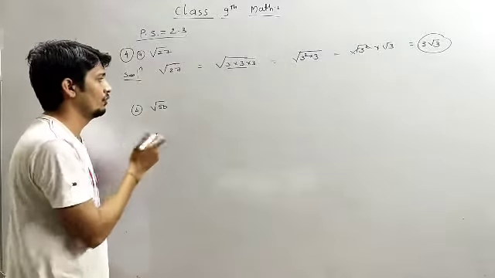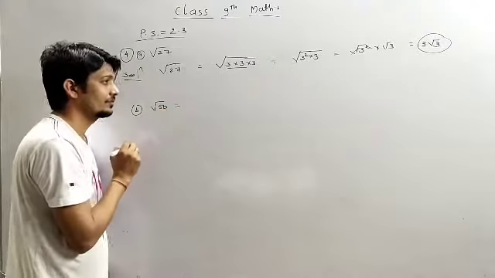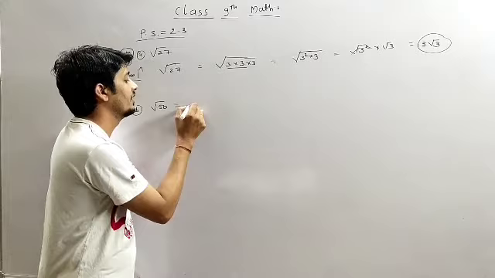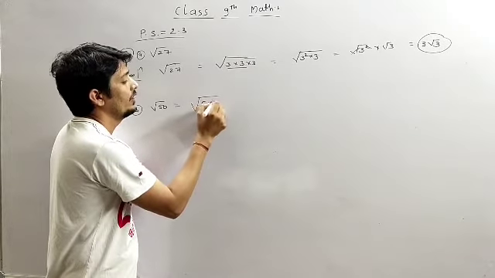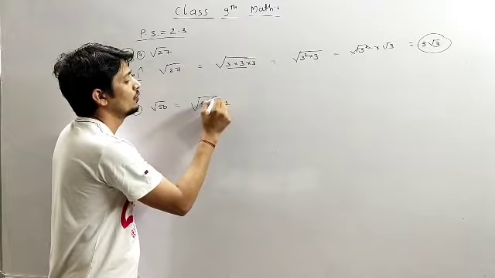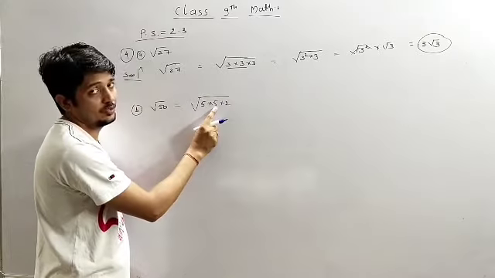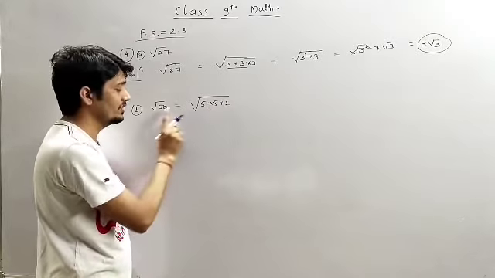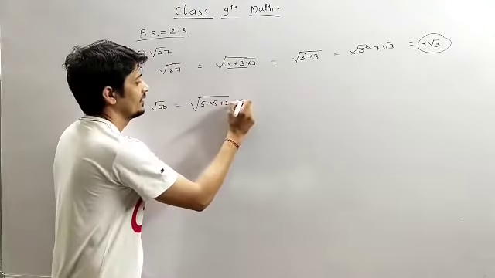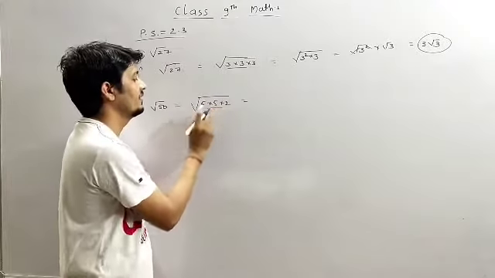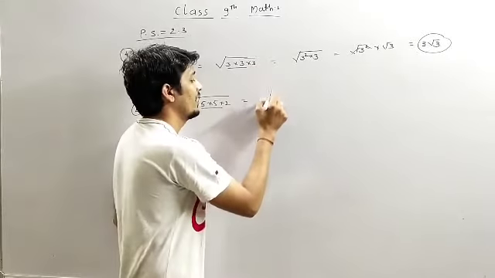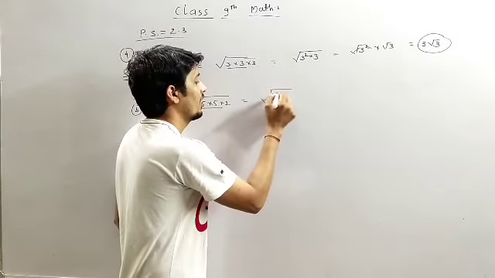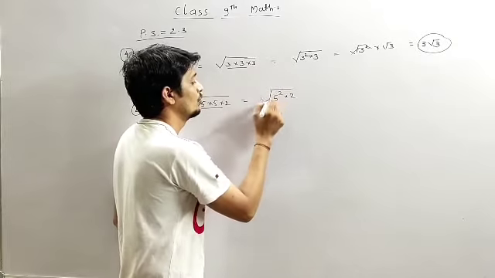Next we have root 50. Root 50 we can write as 5 into 5 into 2. See, 5 into 5 is 25 and 25 2s are 50. 5 into 5 is nothing but the square of 5. So inside the root we write square of 5 into 2.